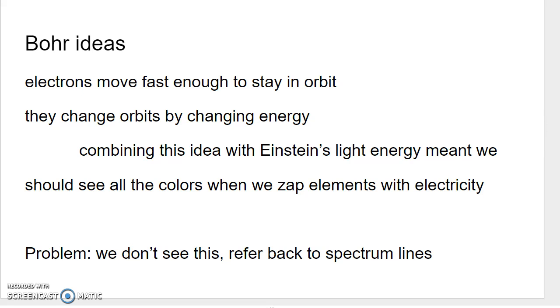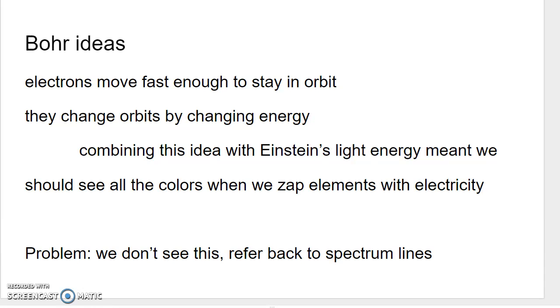They'll stay in orbit, and they're going to change orbits by changing energy. And he brought in Einstein's ideas about light and energy, which meant that when the electrons are changing energy, they're going to do so by absorbing light or emitting light.